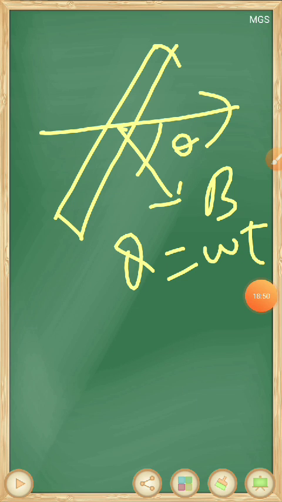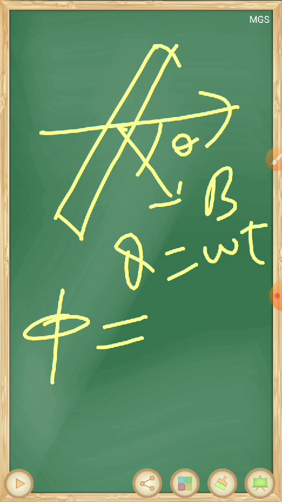Now the magnetic flux linked with the coil will be how much? That is equal to the component of the magnetic field normal to the plane of the coil and the area of the coil.